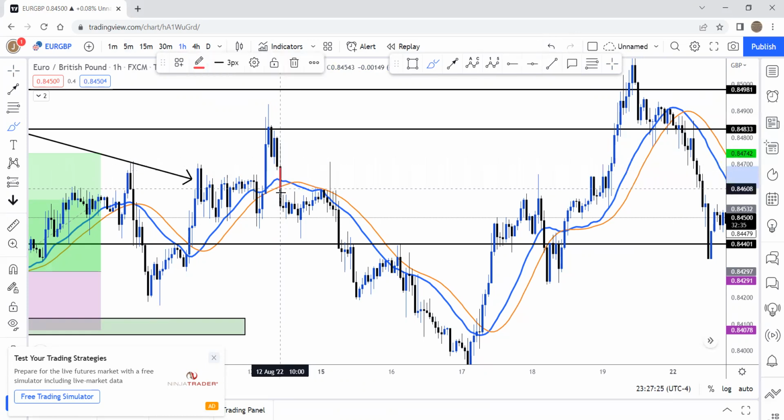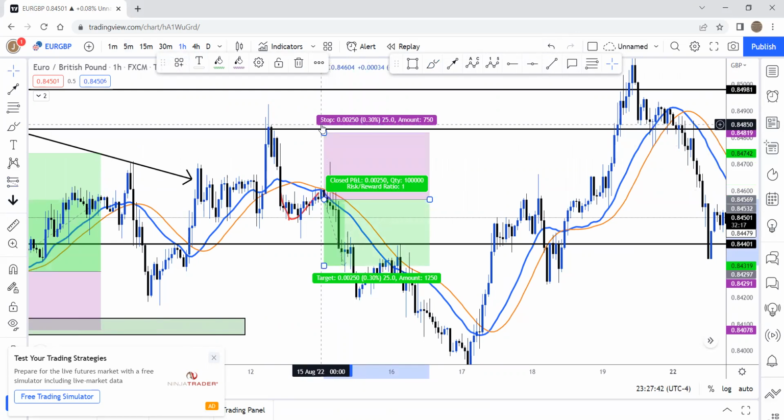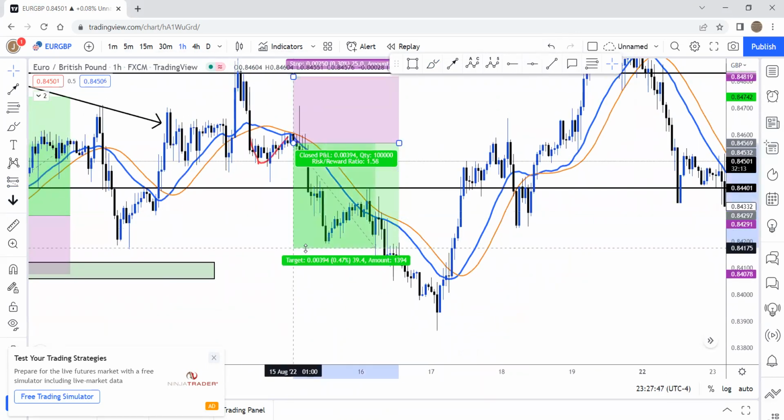As you can see, when price broke down below the moving average and retested, we now have the blue crossing over the orange, together giving you a good retest, acting as a trampoline off this area, and this can be a good identifier of when to enter a trade. As you can see, price played out beautifully.